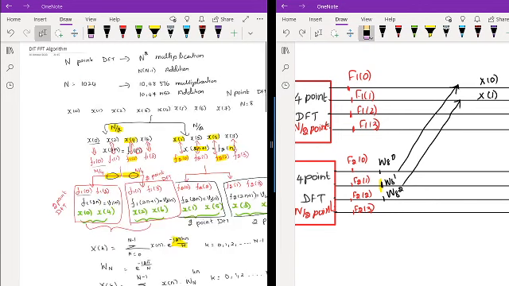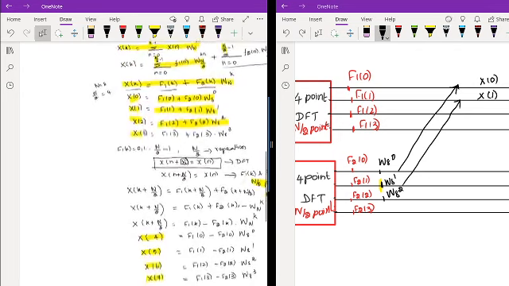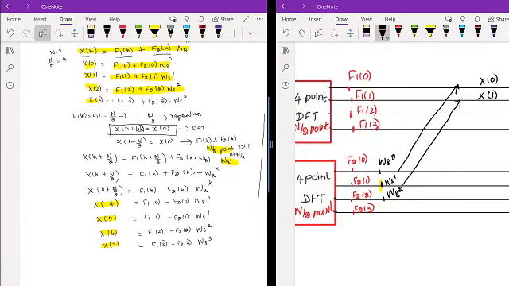So this is added with f1 of 2. So this is for x of 2.